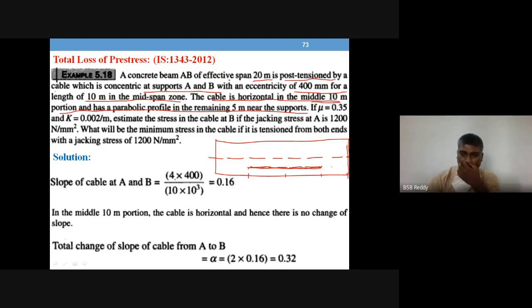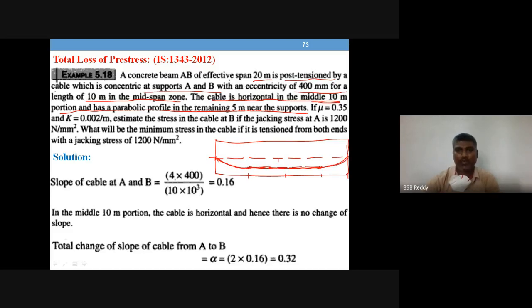Okay. Now from this point till the support, there's a parabola. Now you can draw it easily. Drawing a straight line is a problem. Drawing a curve is easy. Okay.